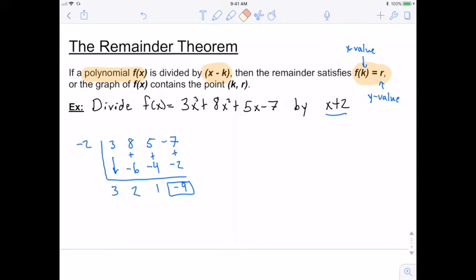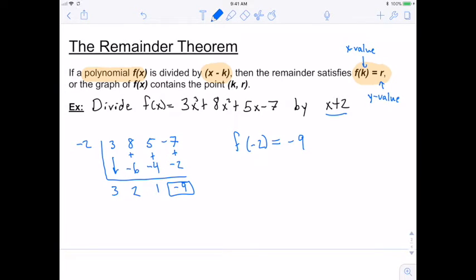And what this means is that if we take negative 2 and plug it into our polynomial, then the output should be negative 9. So let's start by writing this polynomial in the factored form, and then we'll actually plug in negative 2 to make sure we have the right answer.